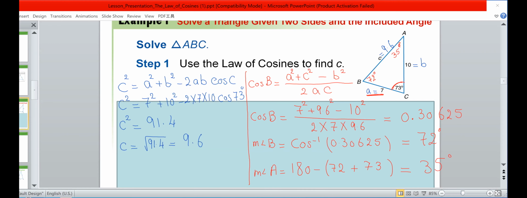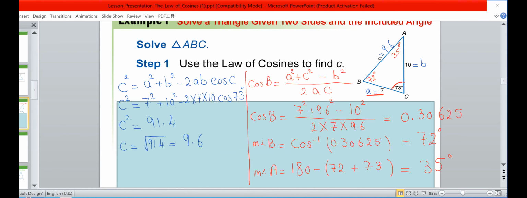So as you see now, we solve the triangle. It means we have the lengths of the three sides and the measures of the three angles. Naif, can you give me the three sides?